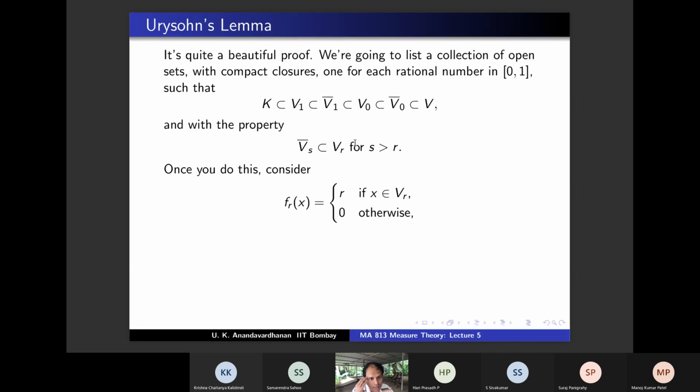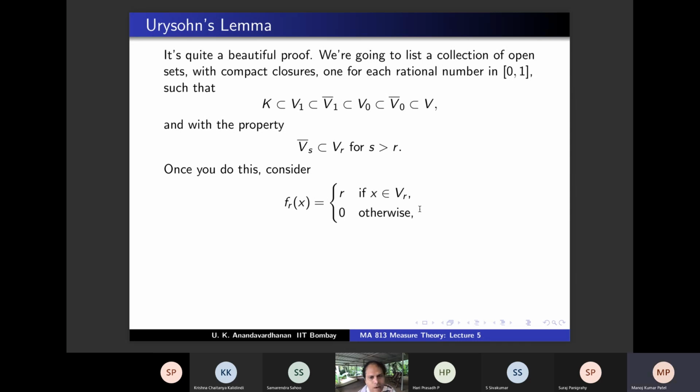And once you construct this, you are going to consider a sequence of functions. So given a rational number R in 0, 1, fR of x is R if x belongs to VR and 0 otherwise. Is it like a characteristic function? It's almost like a characteristic function, right? What exactly is fR in terms of characteristic function?